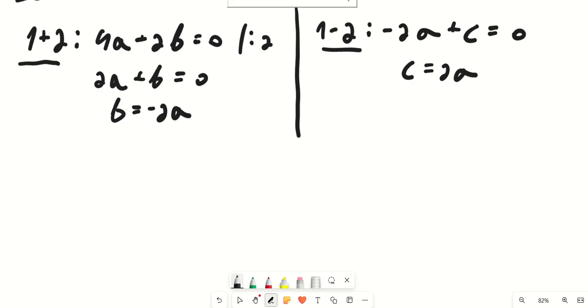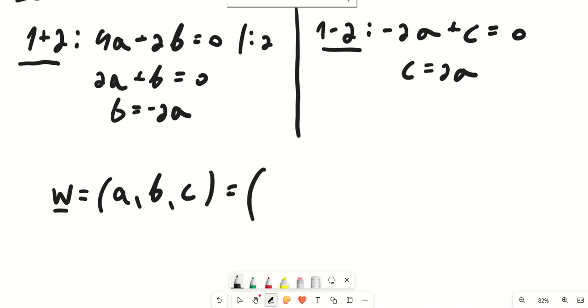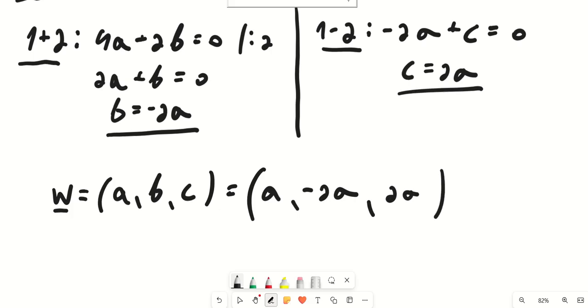So now I can write my vector W, which was A, B, C, as A, minus 2A, because B equals minus 2A, and C equals 2A, so here I have 2A.